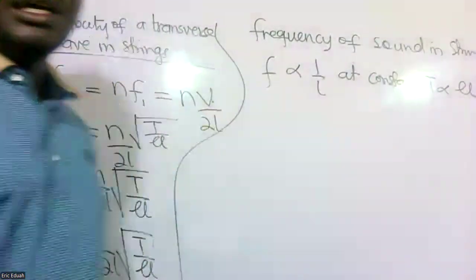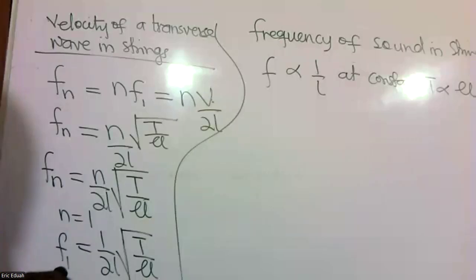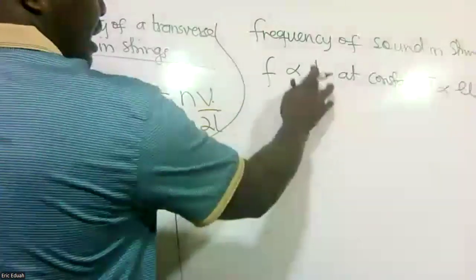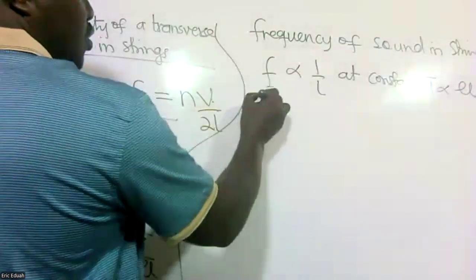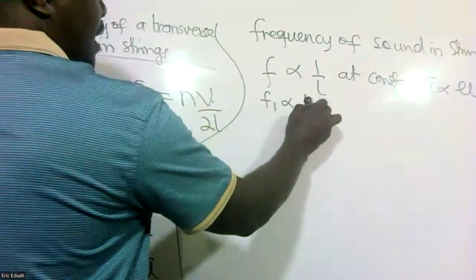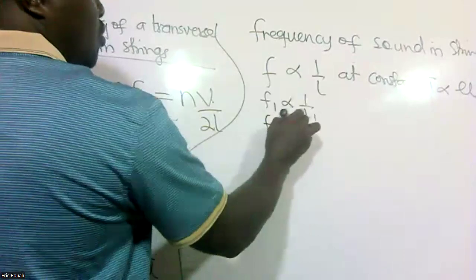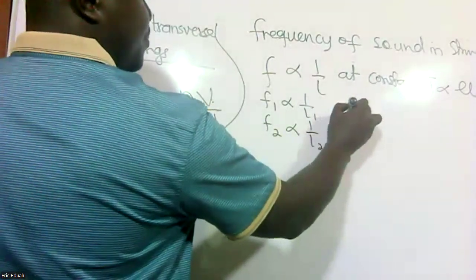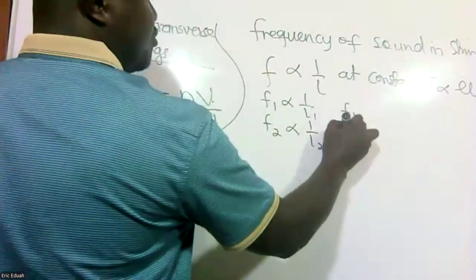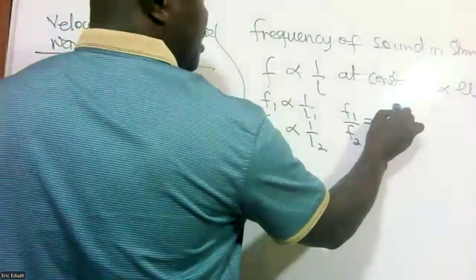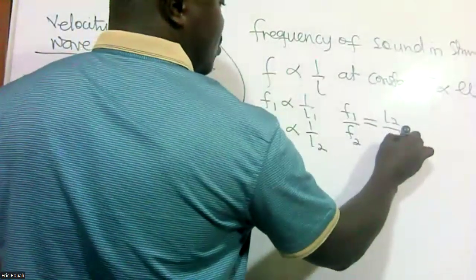The relation we can derive from here is that for 2 different lengths, there will be 2 different frequencies. If F is inversely proportional to L, F1 will be 1 on L1, and F2 will be 1 on L2. Therefore, F1 over F2 would be equal to L2 on L1.